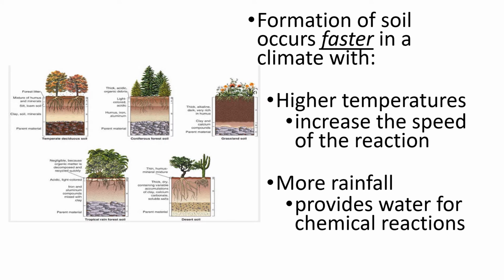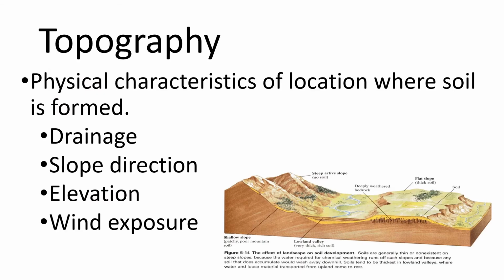And that's why our biomes all have different soil horizons, because the soil will actually form faster with high temperatures and lots of rainfall. So, you're going to end up with a lot faster soil formation with these conditions.